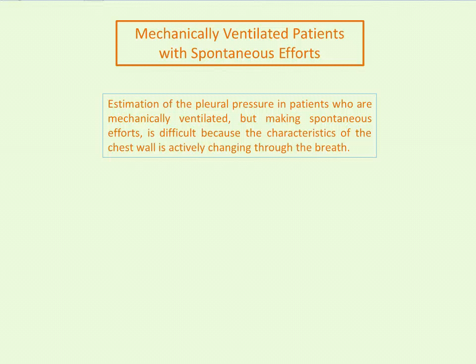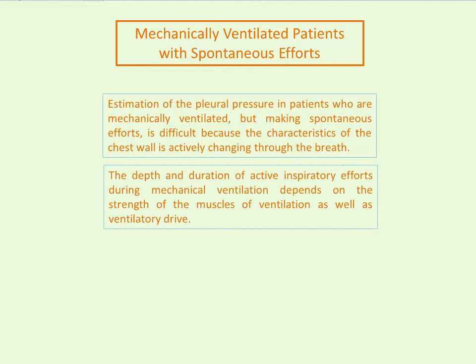Then you really are kind of flying blind in terms of estimating what the true intrathoracic pressure is, because there's one force driving the intrathoracic pressure down, the inspiratory efforts of the patient, or expiratory efforts of the patient would drive it up, and then you've got the mechanical ventilator, which is tending to drive intrathoracic pressure up during inspiration and then down during expiration. So it really becomes impossible.